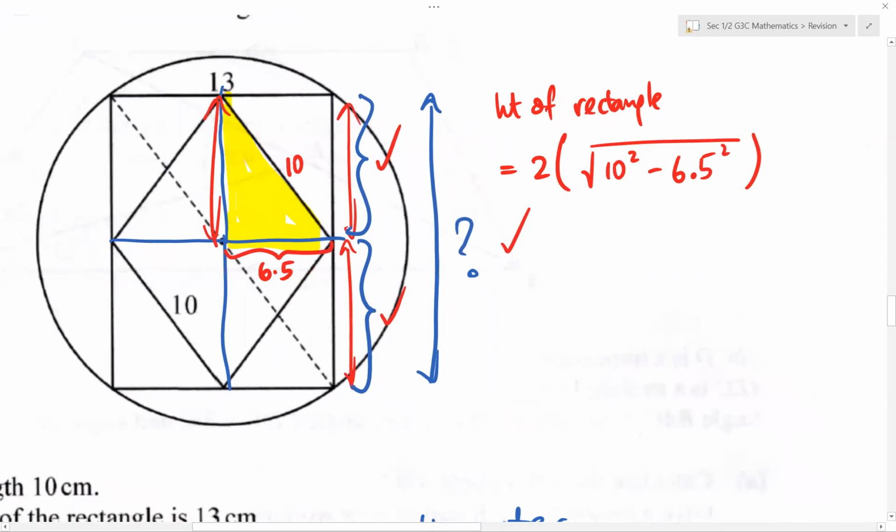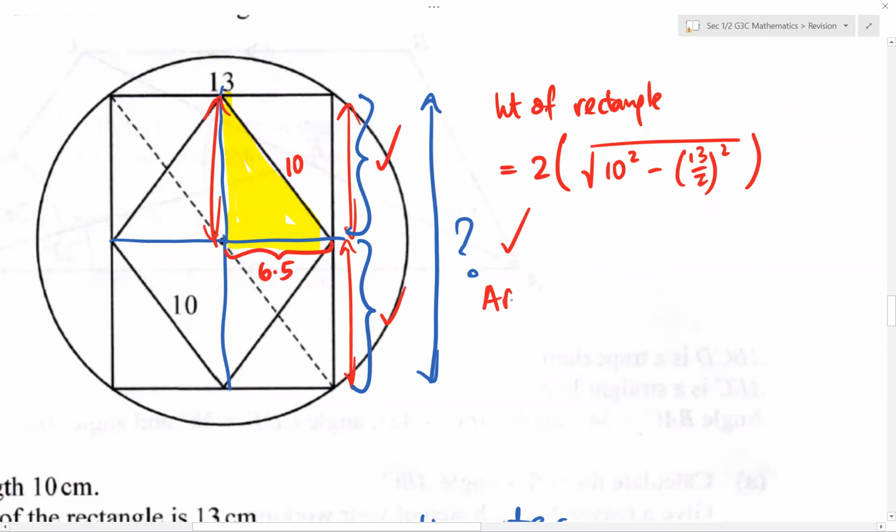If the marker is very particular about showing working, where did the 6.5 come from? Then don't skip a step, 13 over 2. Okay, and this will give us the height of the rectangle.